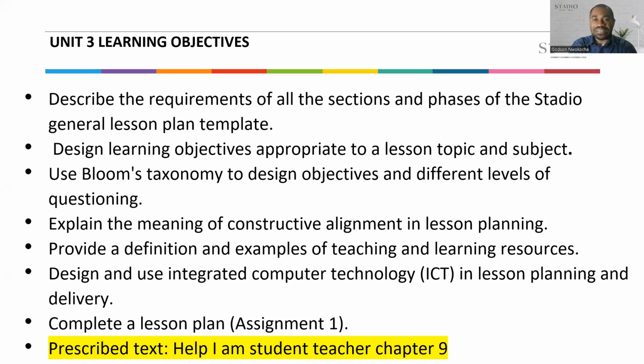You will understand the different phases of a lesson plan. There are 3 of them, that you will be able to use the Stadio generic lesson plan template to plan your lessons, and you will be able to explain constructive alignment. And the last but not the least, that you will be able to complete assignment 1 successfully.